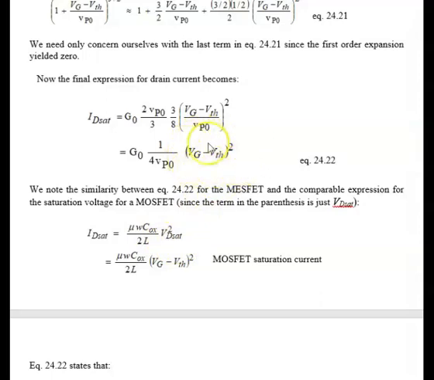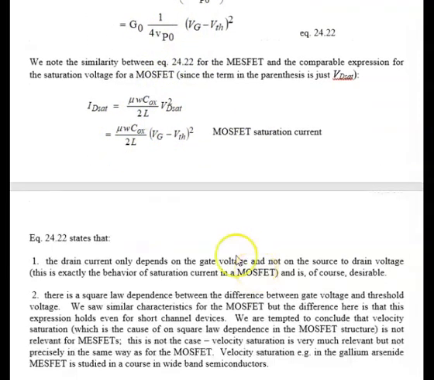The thing in the parentheses, of course, is just VDSAT. So these are almost precisely the same. They're just little differences in the coefficients. So this is a big deal. Equation 2422 is very, very good.